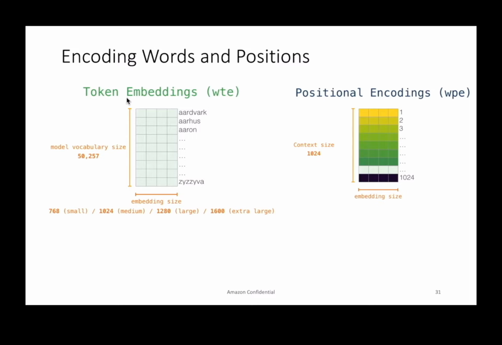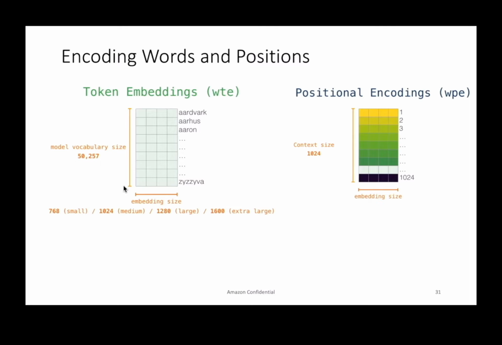And here what we do is we do a word level embedding. So each word will basically have one row in this big table. This big table will be 50,000 or more rows, basically the size of our vocabulary, or the number of words that we are ready to use in our model.